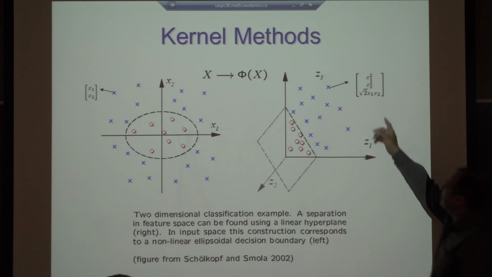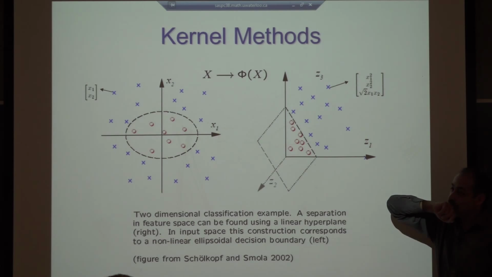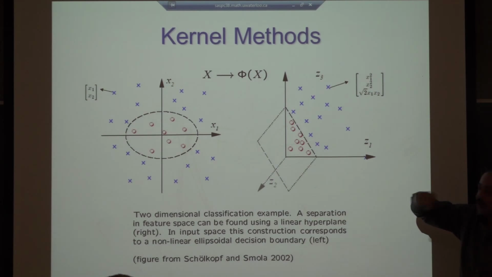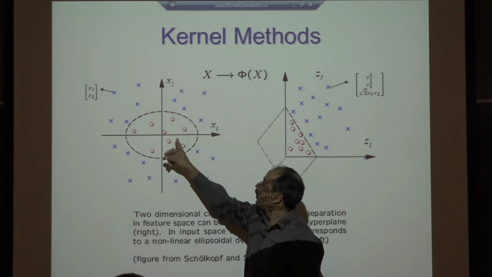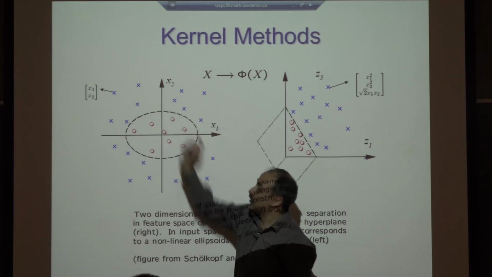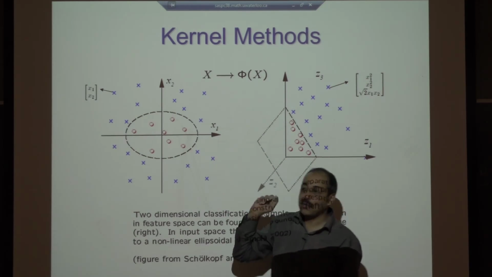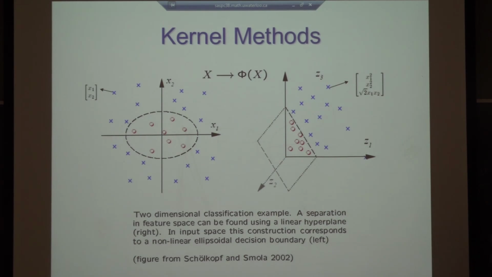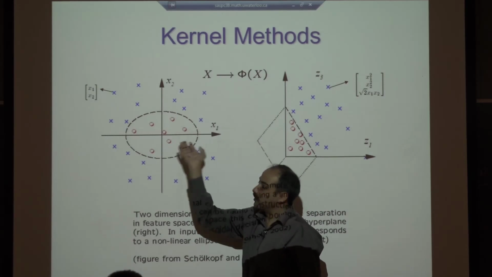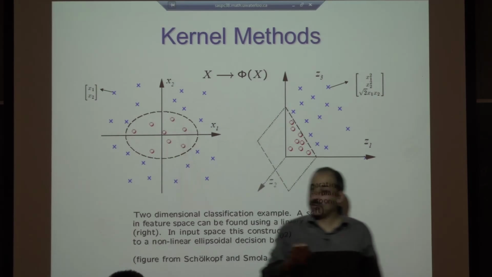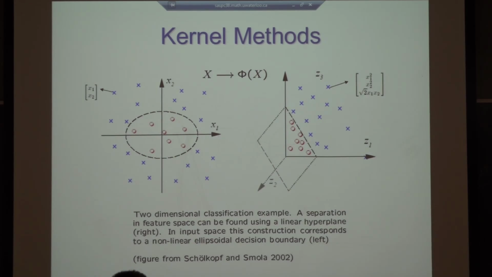The third dimension becomes distinctive, and it's clear why. Because the points in this circle have a smaller x1 and a smaller x2 compared to other points. And when you multiply x1 by x2, it makes a distinction between points that are further apart compared to the points that are closer to the origin.